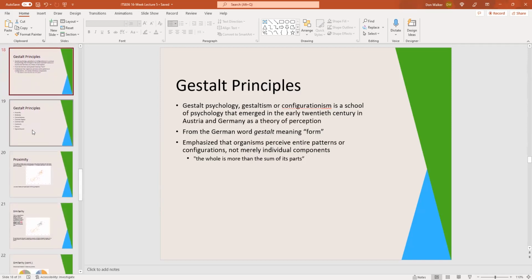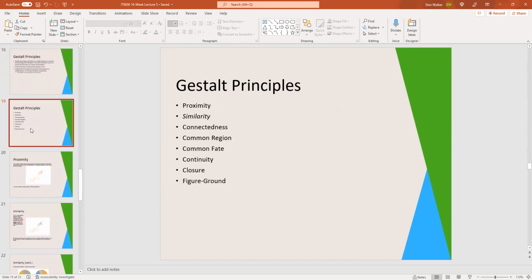visualization, right? So here, you see different lists of Gestalt principles: proximity, similarity, connectedness, common region, common fate, continuity, closure, and figure ground.